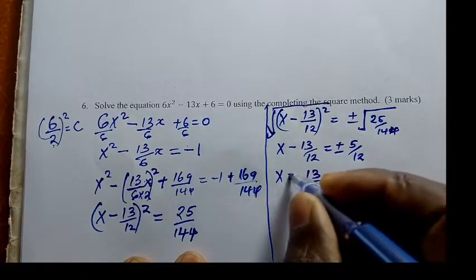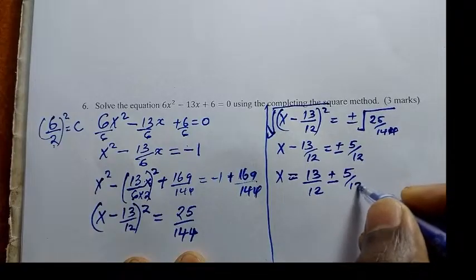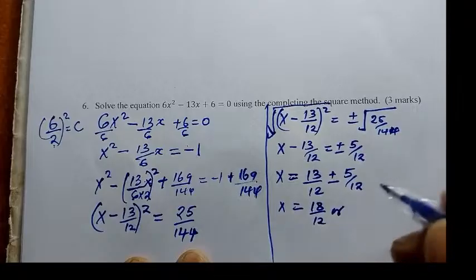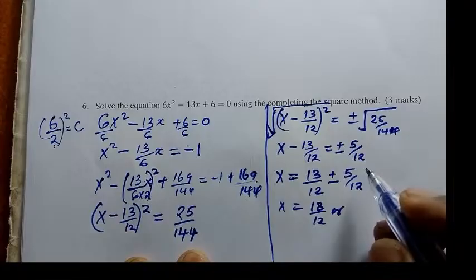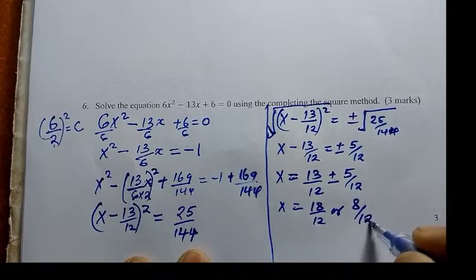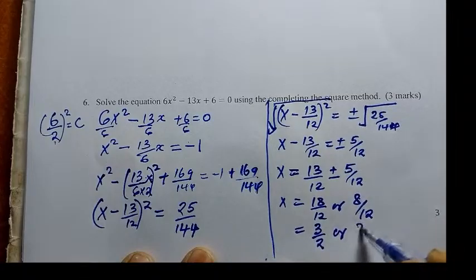Positive ikifuka hii cosines itakuwa minus 5 over 12. So x itakuwa ni 13 or 13 minus 5 itakuwa ni 8 over 12. Sawa? So hatuwezi acha answer namna hiyo, we can simplify. Or 4 here 2, 4 here 3. So we can simplify it like that.